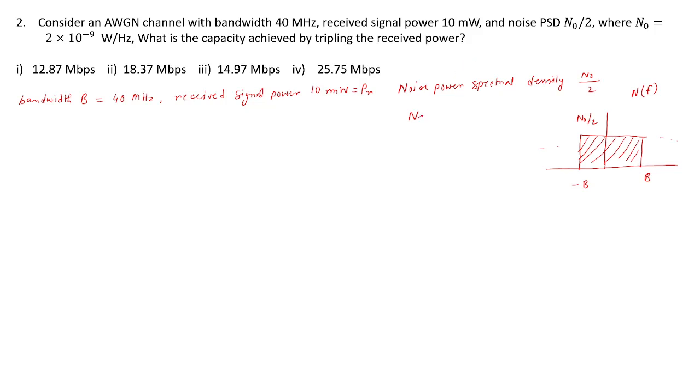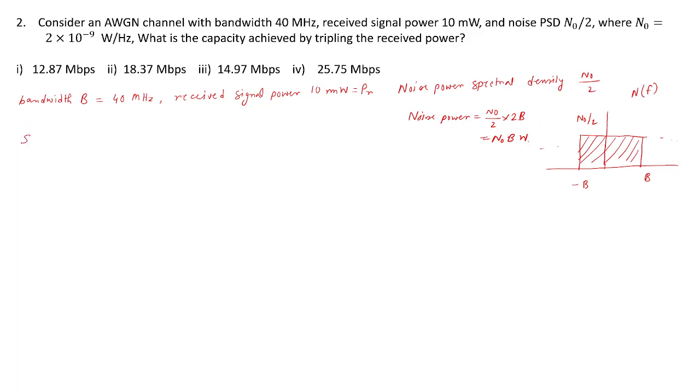So from here we get our noise power to be N0 by 2 times 2B, which is N0 B watts, of course.